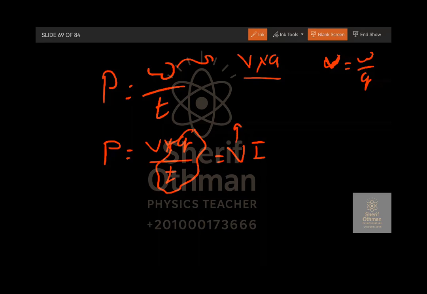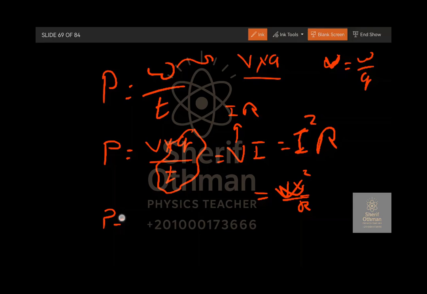And also we can say that V equals I times R. So I squared R also equals power. And we can replace I by V over R. So V multiplied by V over R will be power, which is V squared over R. So the power can be found by different rules: VI, I squared R, or V squared over R. Any one of them.